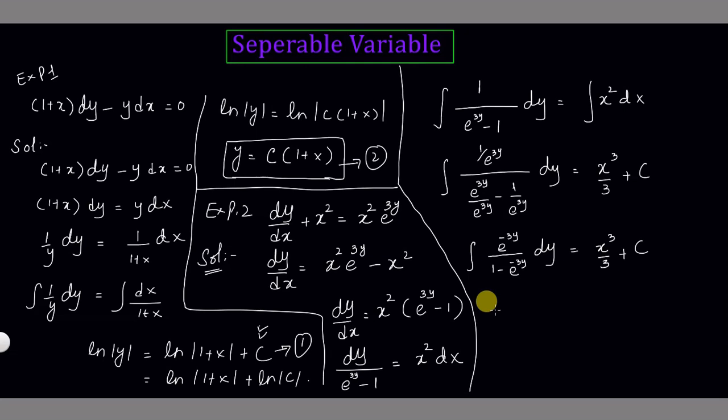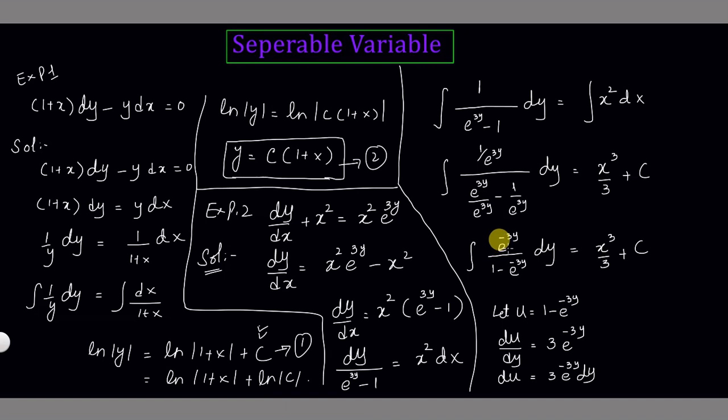If we solve this integral by substitution, then let u be equal to 1 minus e raised to the power minus 3y, and then du over dy will become 3 e raised to the power minus 3y. So du is equal to 3 e raised to the power minus 3y dy.